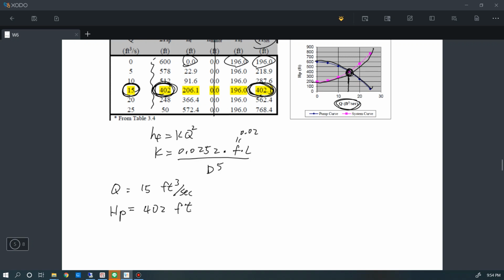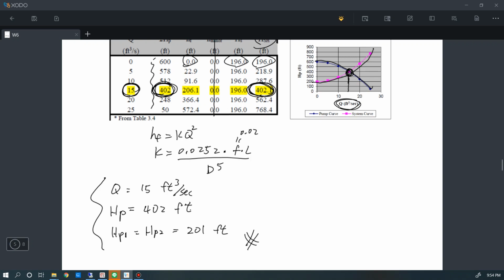Thus, because those pumps are identical, the energy provided by pump 1 will equal the energy provided by pump 2. Approximately, that will equal 201 feet.